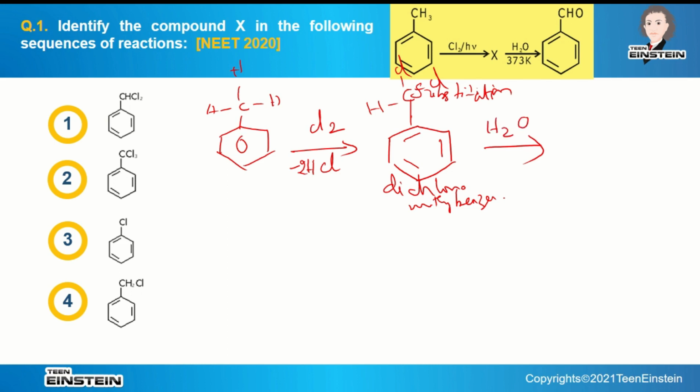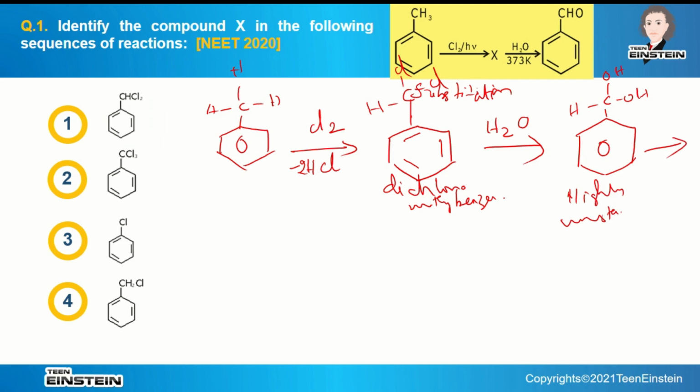So it produces a highly unstable molecule, which is C(OH)2H, which is highly unstable.